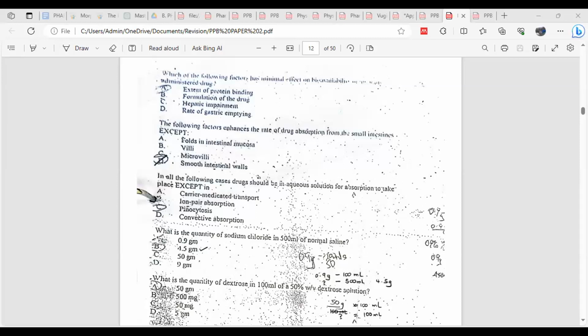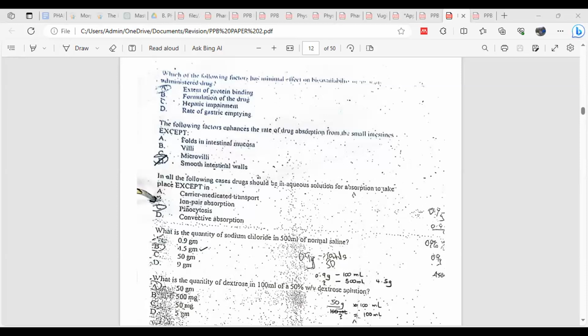Mi nasema pinocytosis can't be the answer. Na carrier mediated. I was thinking carrier mediated, by the way. Yeah, because but I don't know about this ion pair absorption. Sijaisikia. As long as kuna ions, I just assume there's water. Ni aqueous. Eh, but acha niangalie.